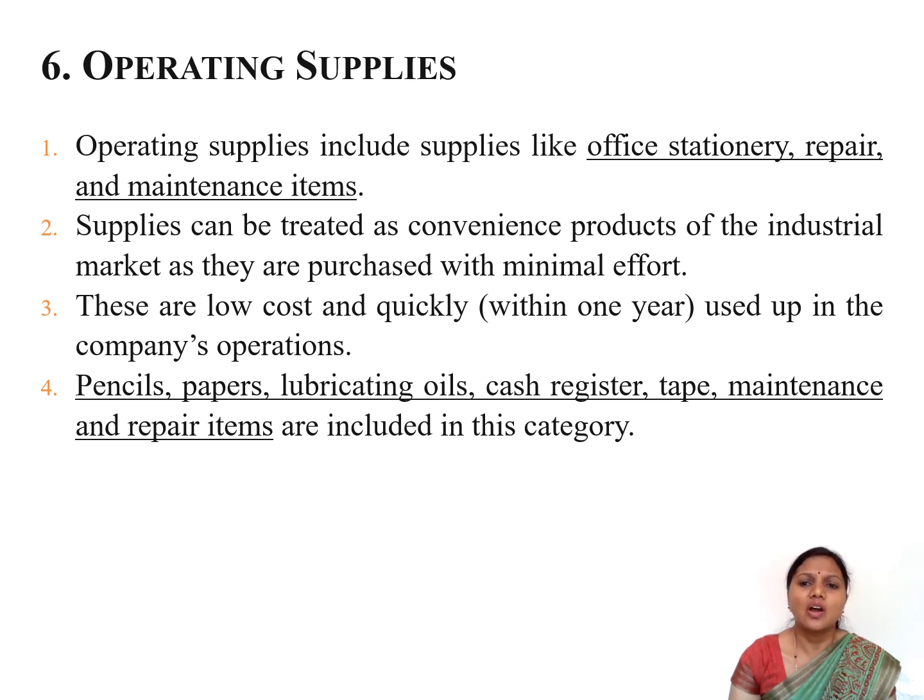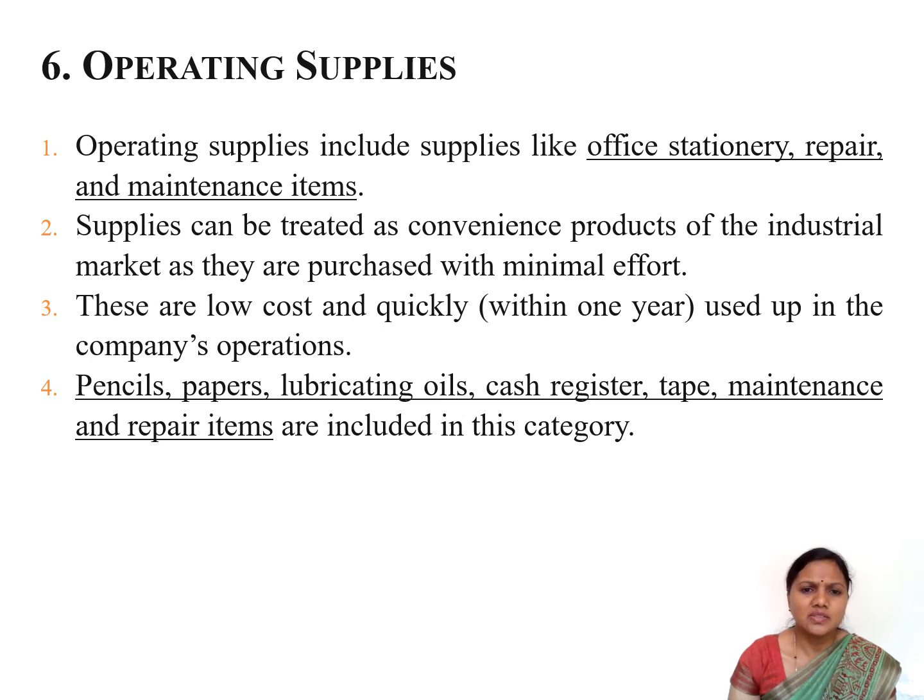For example, office stationery, repairs and maintenance items, etc. Supplies can be treated as convenience products of the industrial market as they are purchased with minimum effort. In the industries, these operating supplies are used commonly. All stationery, office stationery items. Okay, so the industrialist is not going to spend much of his time in purchasing the operating supplies.